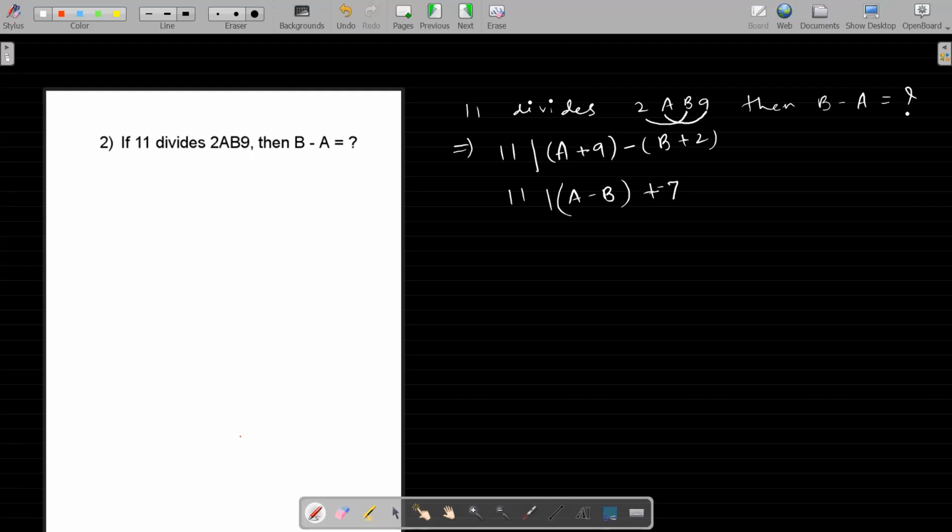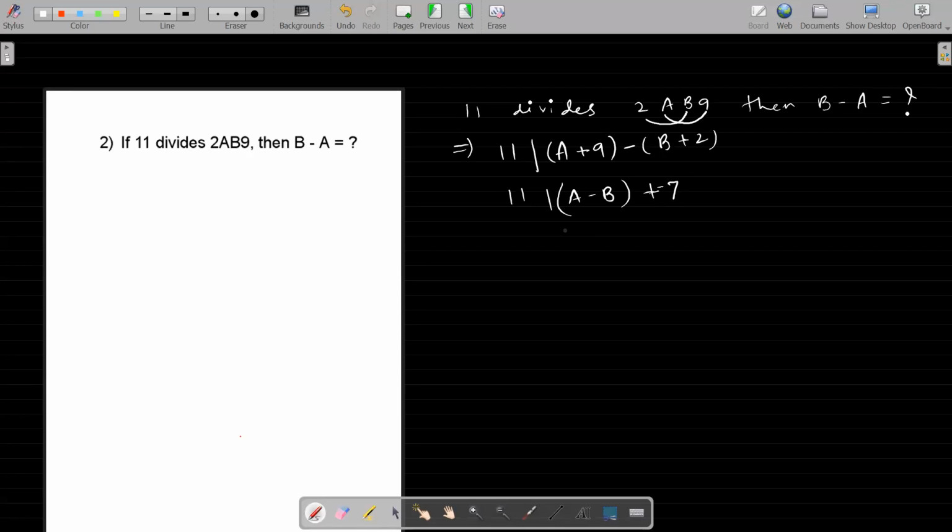No, why would A and B add up to 11? Because the rest of the numbers are 2 and 9, which equals 11. But for 11, the test is that the alternate sums should be either equal or the difference divisible by 11. So I think the correct answer would be 4.